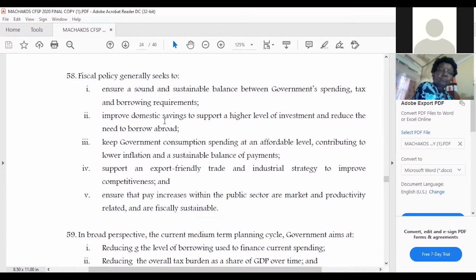So it also generally seeks to improve domestic savings to support a higher level of investment and reduce the need to borrow abroad, and to keep government consumption spending at affordable level, contributing to lower inflation and a sustainable balance of payments. So these are fiscal policy.